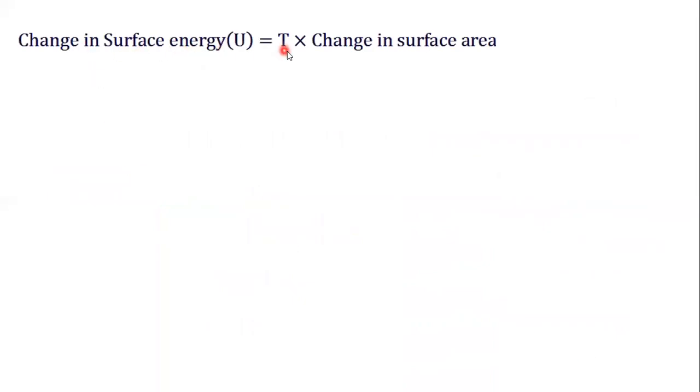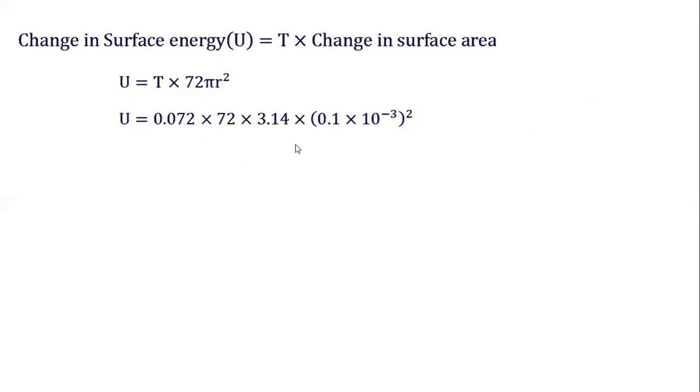So change in surface energy is surface tension into change in area. Surface tension is T and the change in area is 72 pi r square. Now we have to substitute here: 72, pi is 3.14, r is 0.1 into 10 raised to minus 3, bracket square.